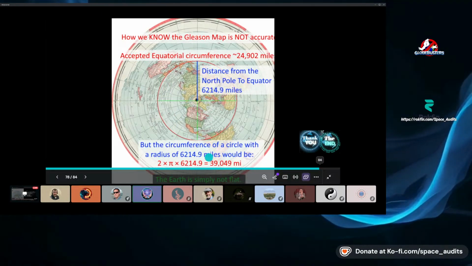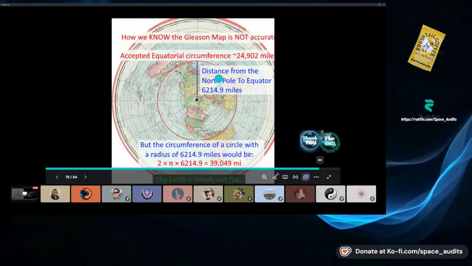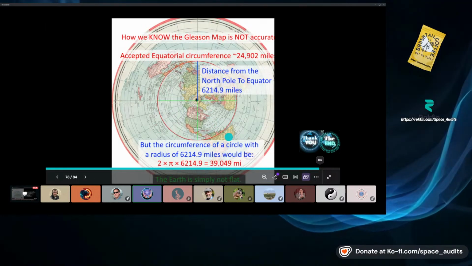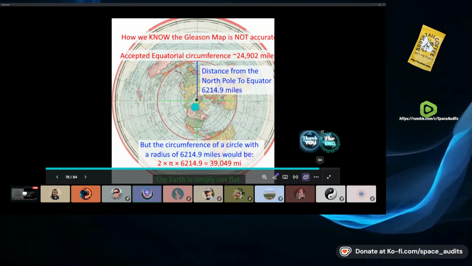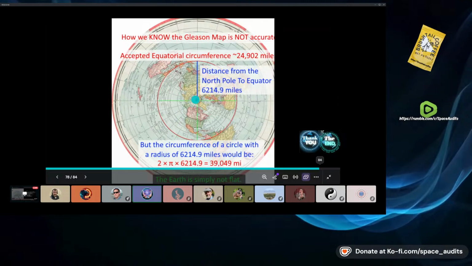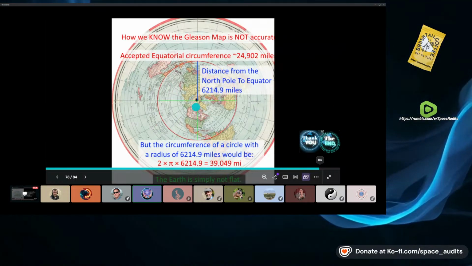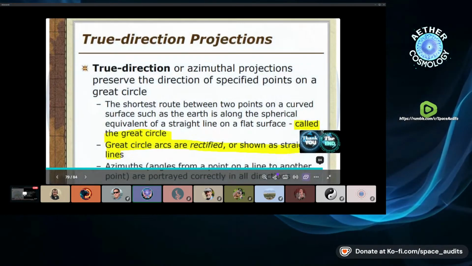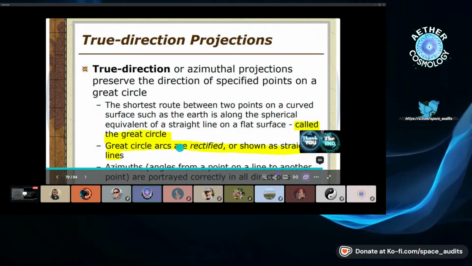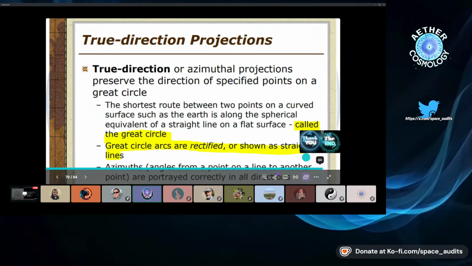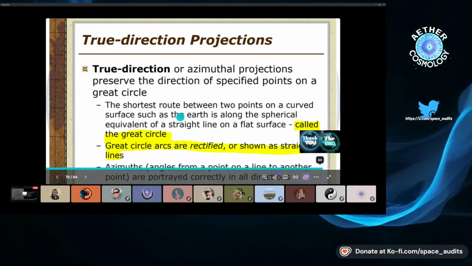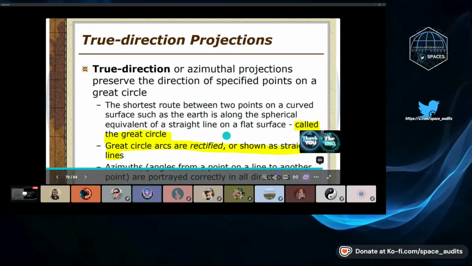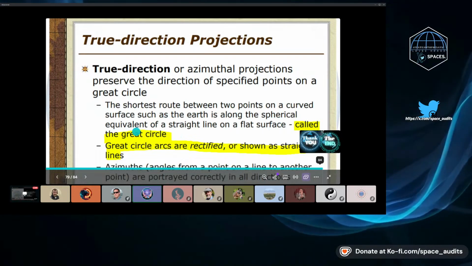But then he messes up and forgets that this is a direction preserving projection, and it also straightens out great meridians. It corrects or rectifies great circles from the North Pole. That's part of its aspect. Great circle arcs are rectified and shown as straight lines. So we can't forget that it rectifies great circles.